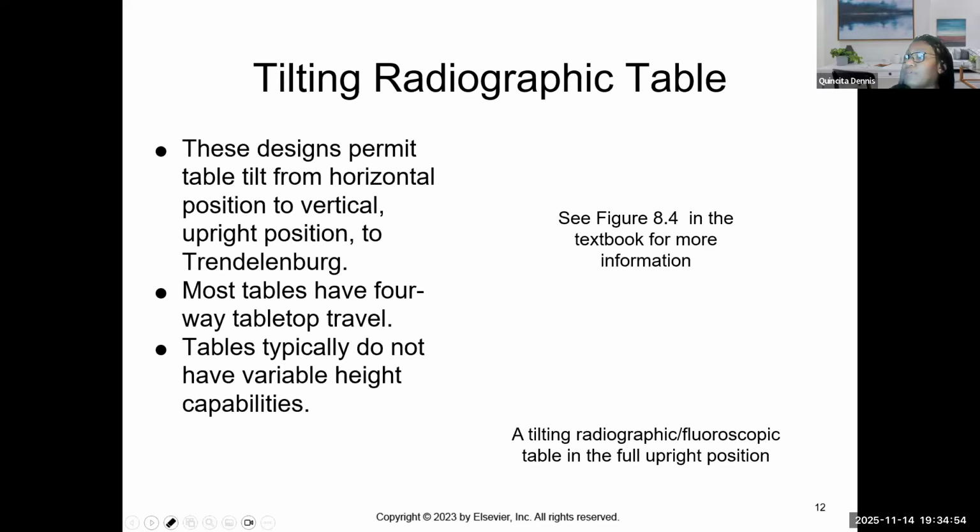Most of the tables have the four-way float, meaning I can move them towards their head, towards their feet, to the left or to the right. And tables typically do not have variable height capabilities, meaning this rad fluoro table, I can't move it up and down. It's fixed. So in order to get the patient on the table, if they need assistance, I need some sort of step stool mechanism.